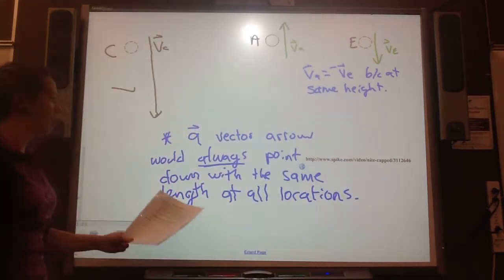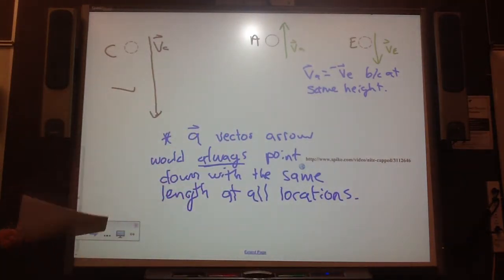Because what do I know about my A? A is always 9.81 meters per second squared, pulling the object down to the earth. So regardless of if I'm throwing it up or it's falling down, your acceleration remains the same.